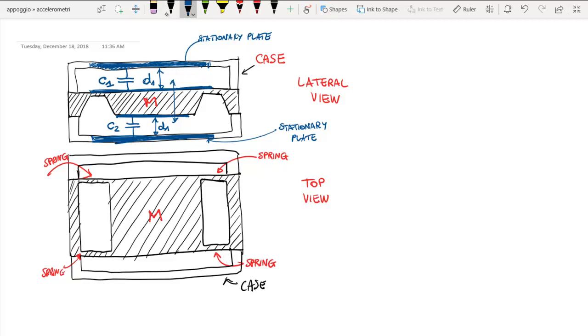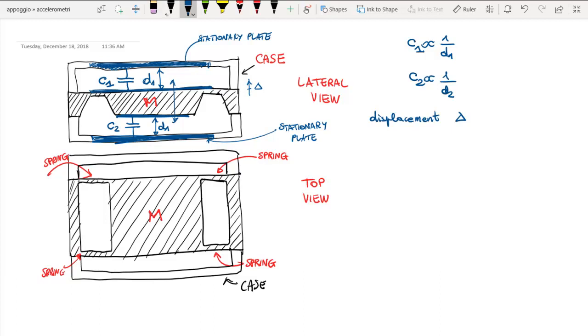Now, the point is that we have C1 that is proportional to 1 over D1, C2 that is proportional to 1 over D2. If there is a displacement, let's assume that we have a displacement delta, which means that the membrane is moving, for example, up by a quantity delta.